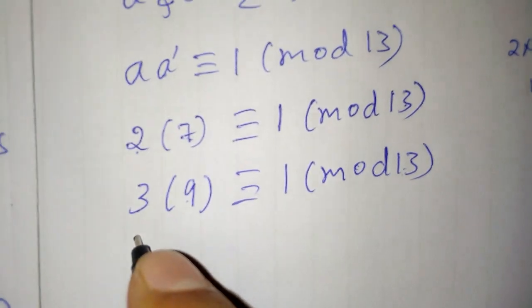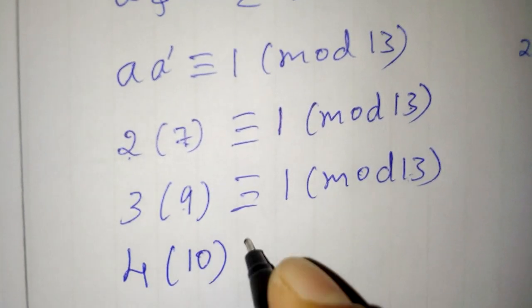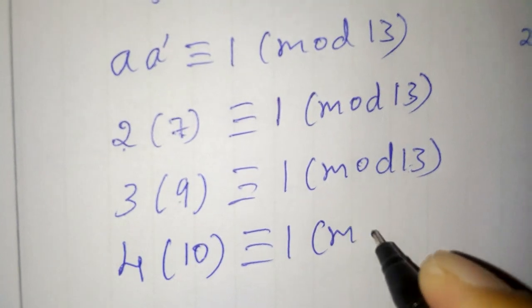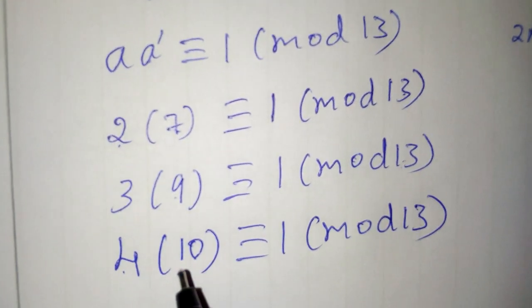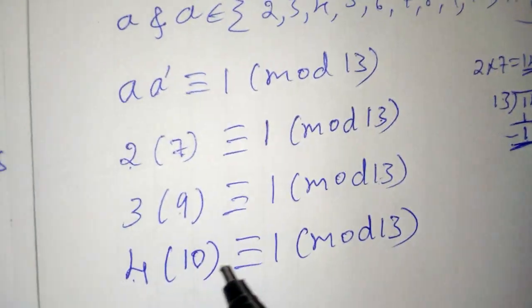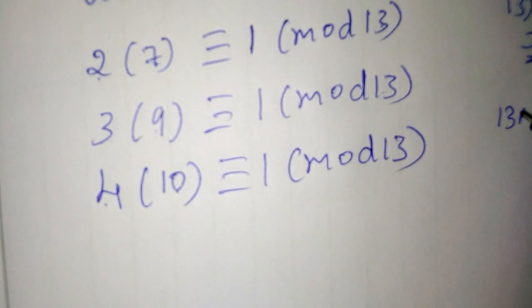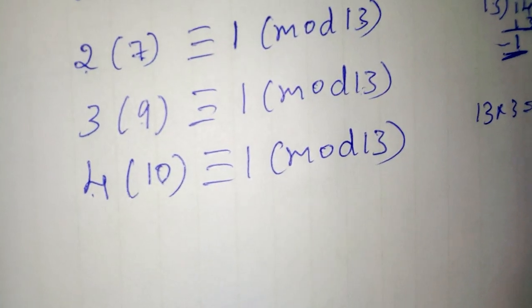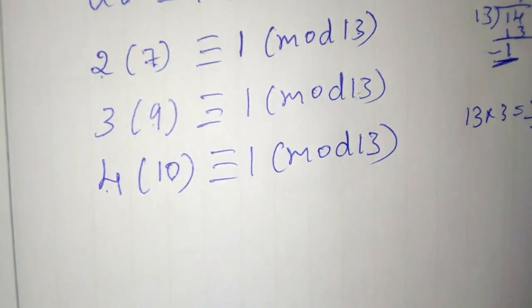The same way, 4 into 10 we can consider, which gives remainder 1 when divided by 13. 4 into 10 is 40. If we divide 40 by 13, we get remainder 1, because 13 into 3 is 39.